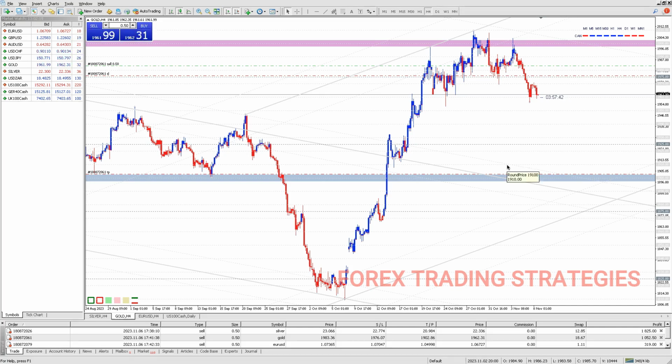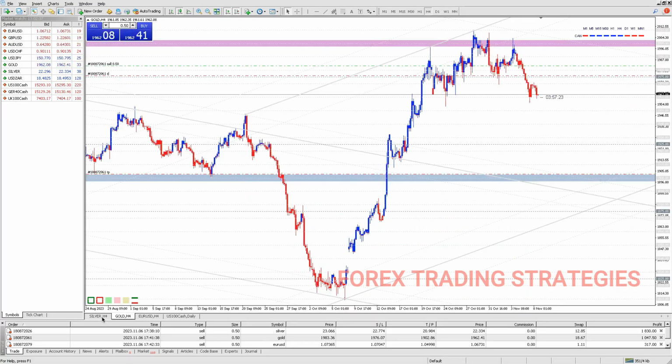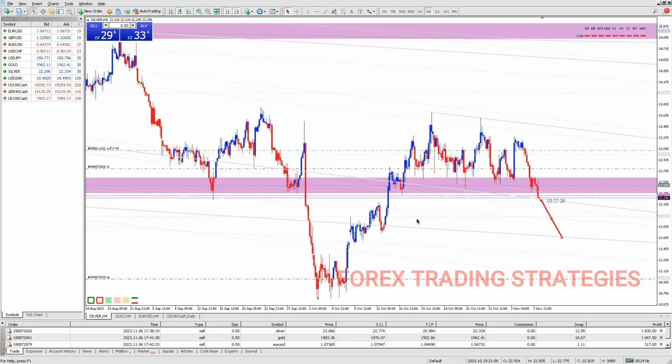If you don't want to get into all of that, and you don't want to get into US 30, NAS 100 and stuff, but you feel you are a good enough trader and you are not making as much money trading normal forex, just switch to gold and silver. You'll be paid for your effort.